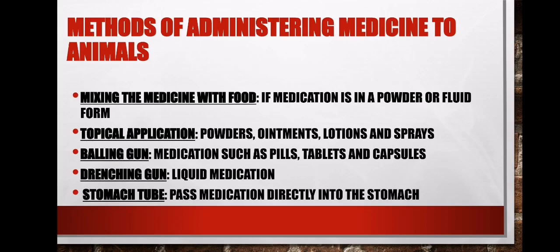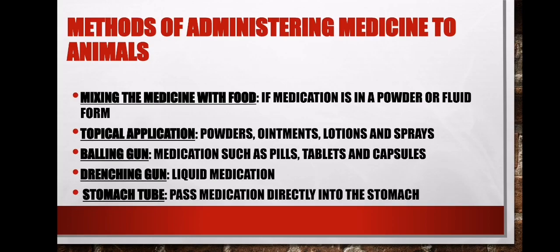So sometimes we'll say you use this method to administer this medicine to a certain part of the body. You use this method to administer the medicine that is in this type. So it's very important to know the name of the medicine, the name of the method, the type of method, and the part of the body where the medication is administered.